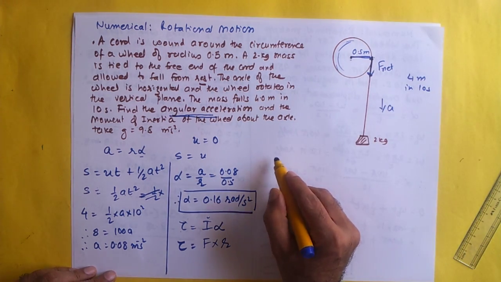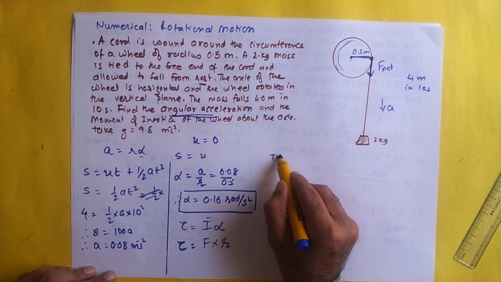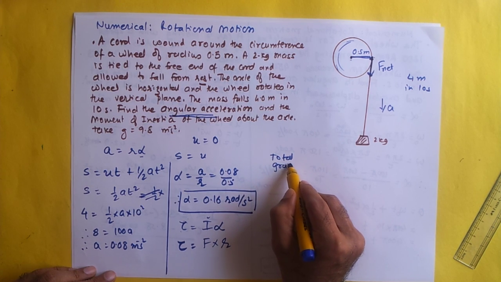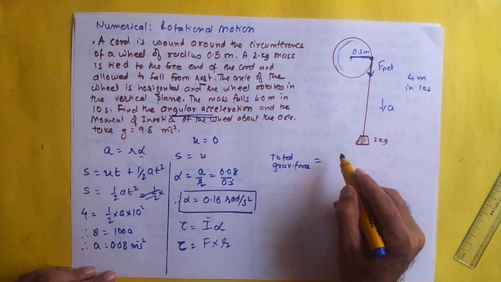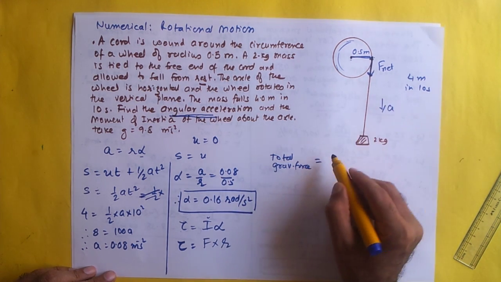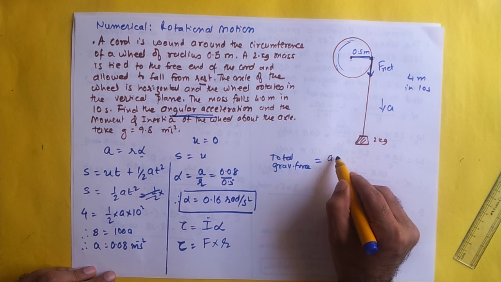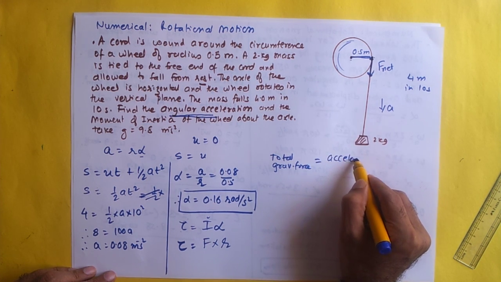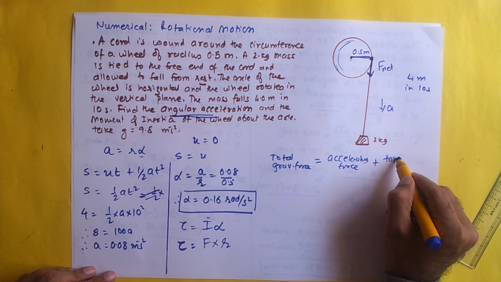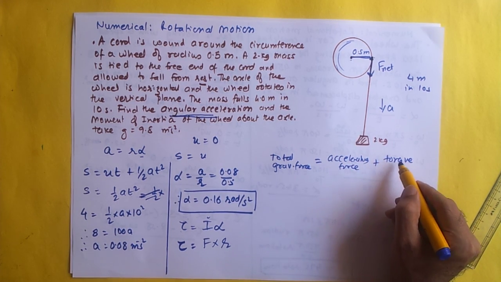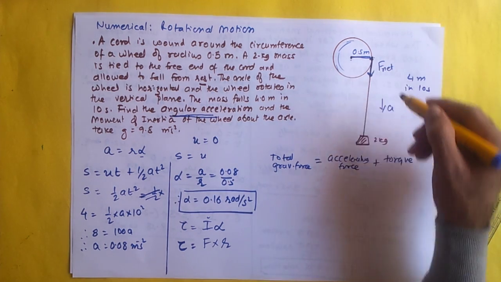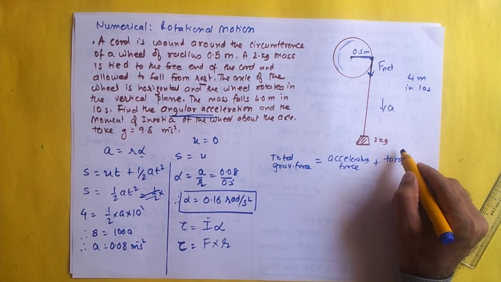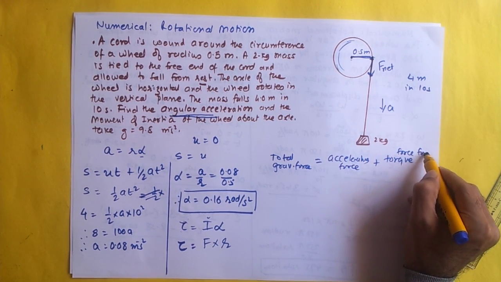So I'll write over here, total gravitational force is equal to accelerating force plus the force used for applying the torque, not exactly the torque. Let me specify over here, force for torque.